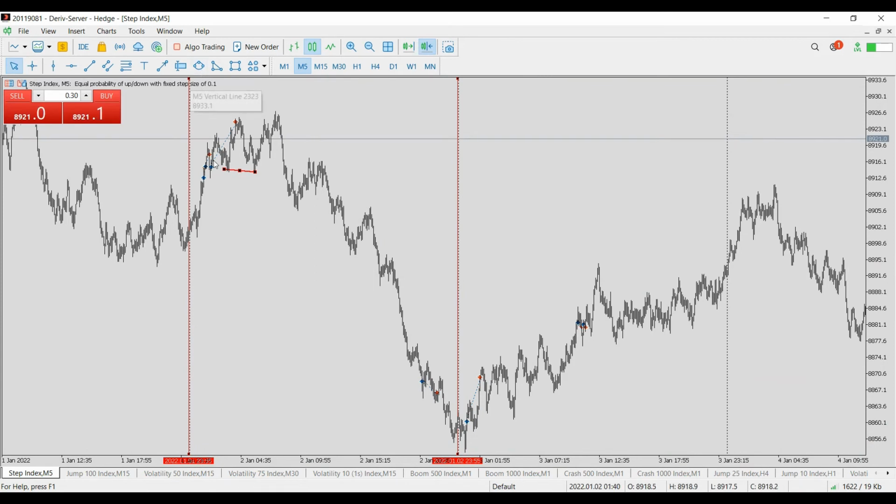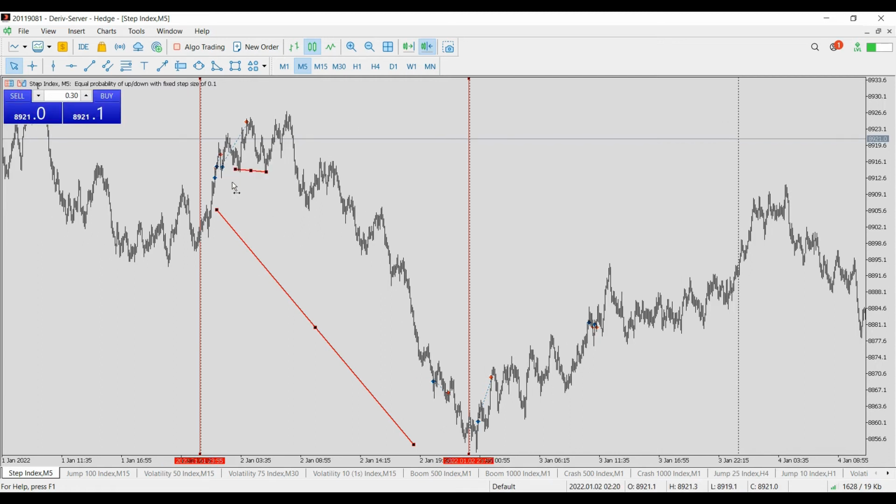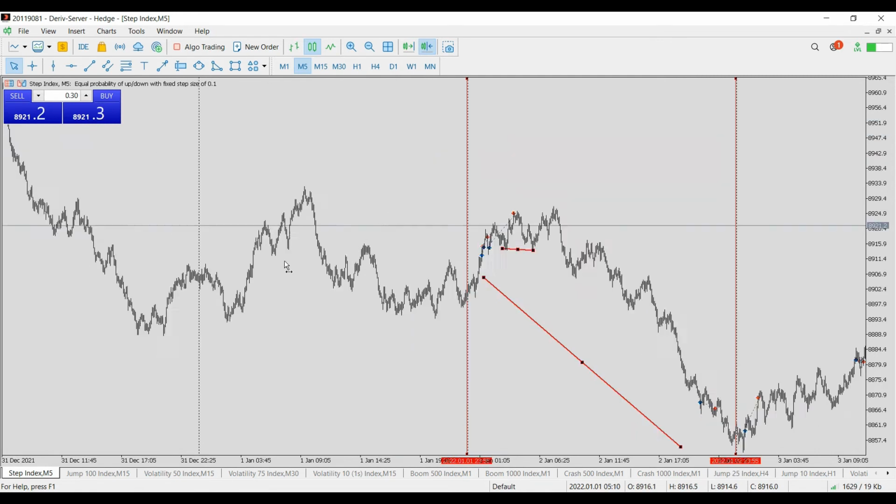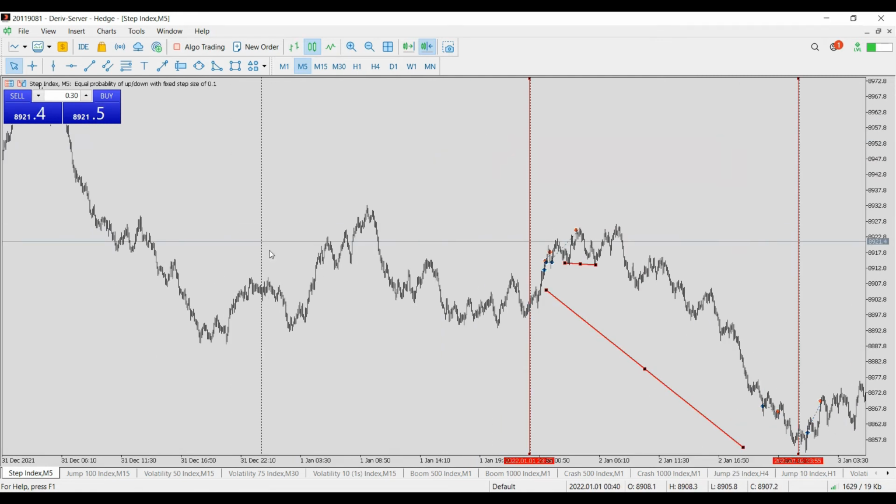So as I said, this is a day's chart, and as you can see, the market basically is on a downtrend right now. This is Step Index. The market was on a downtrend, and how did I know it was on a downtrend? It started with the previous day, which was basically consolidations.